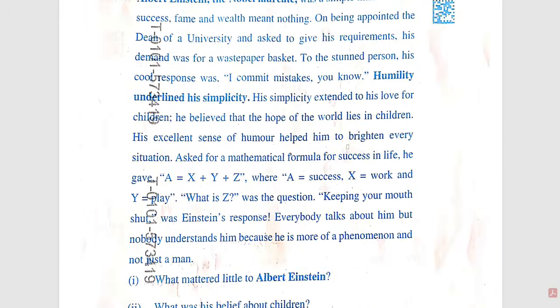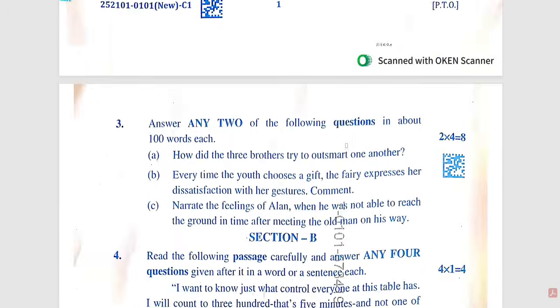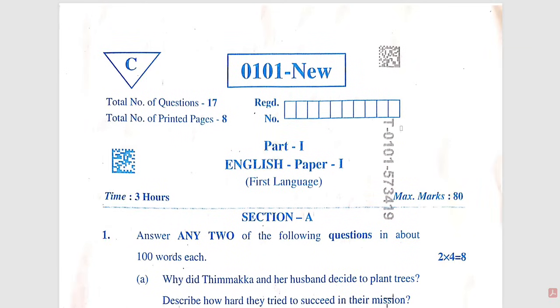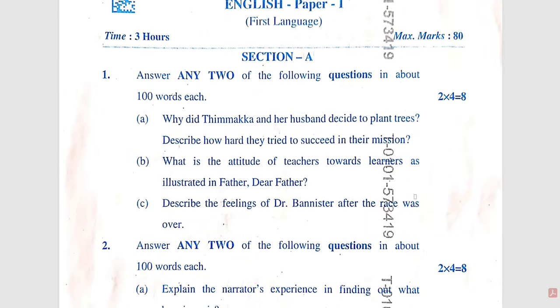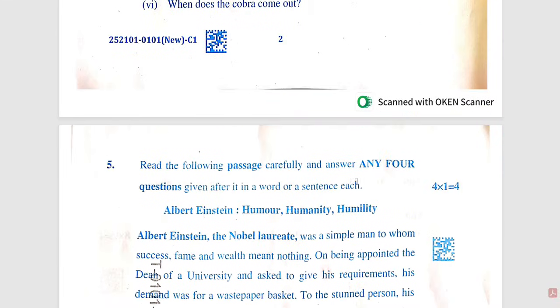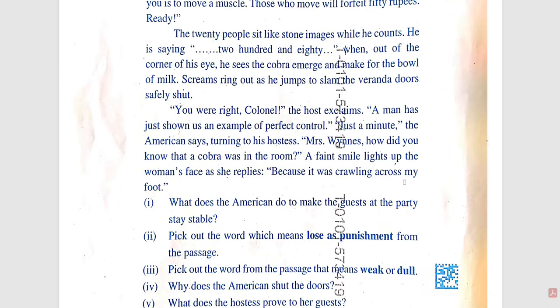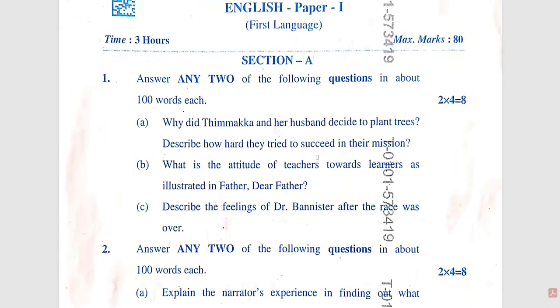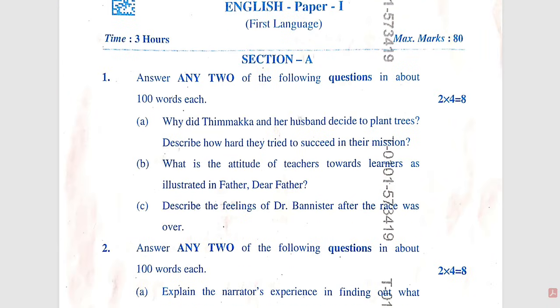As I explained in the earlier video also, if you attempt section A, you'll be getting 24 marks. Section B, 8 marks. And section C, 48 marks. Many of the students start attempting section A, and it takes a long time.